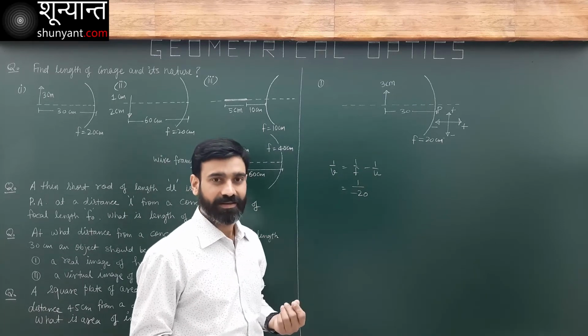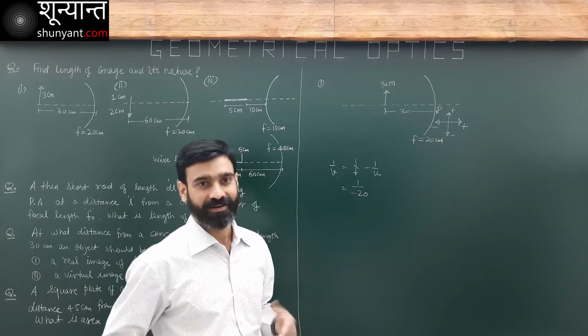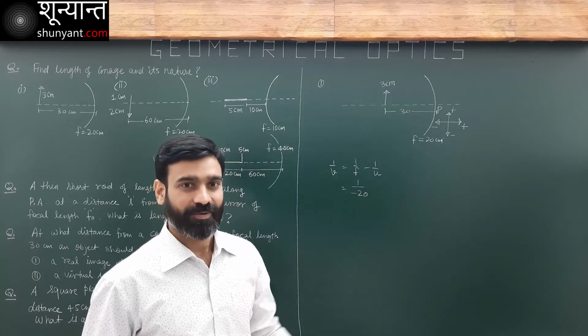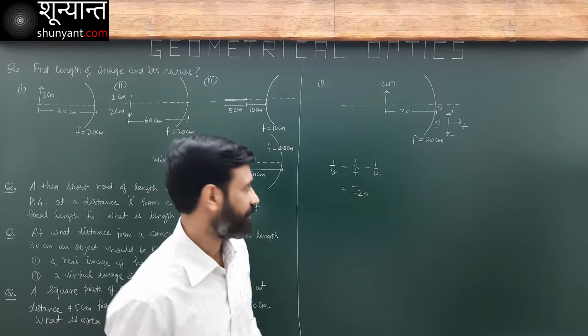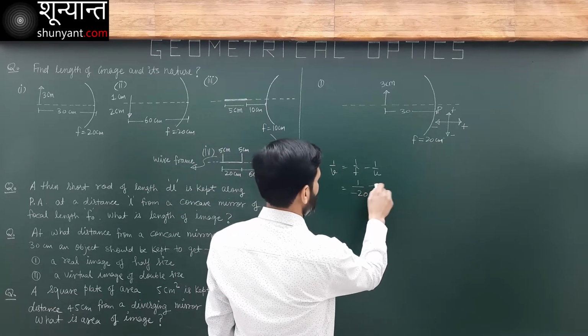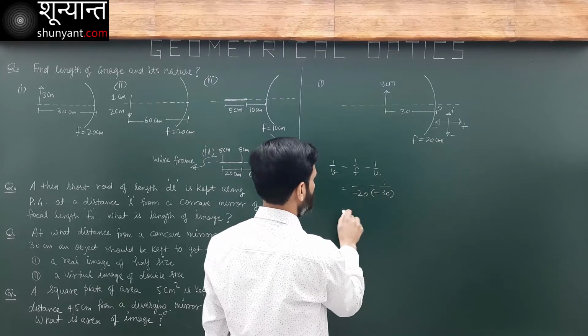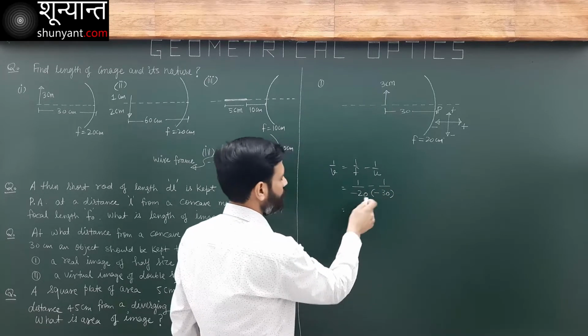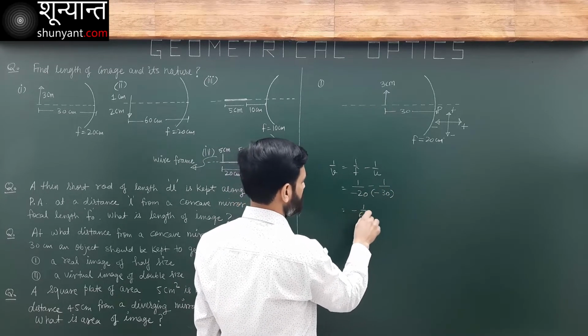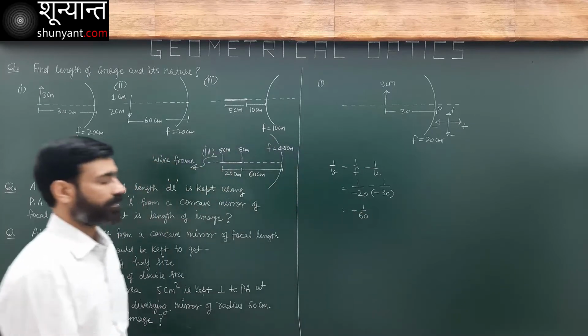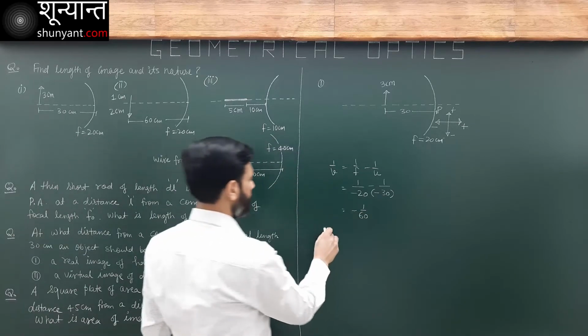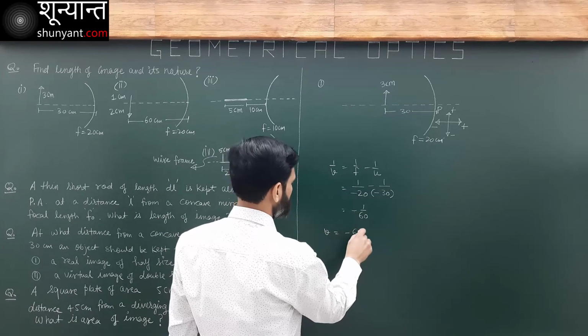Here in this lecture, we are not going to do the same things again and again. We are directly going to solve the problem, developing the method of how to do it. Now minus 1 over minus 30. When you do that, you get minus 1 over 60. So V is equal to minus 60 centimeter.